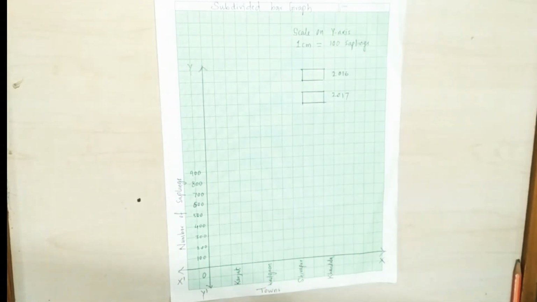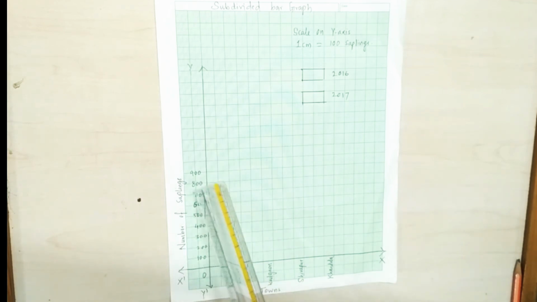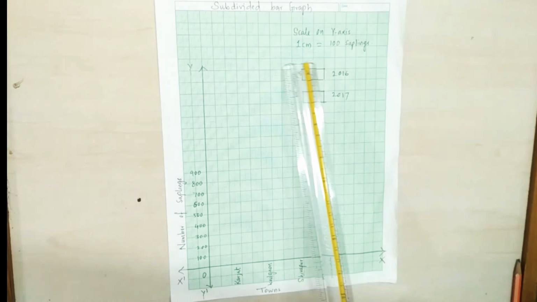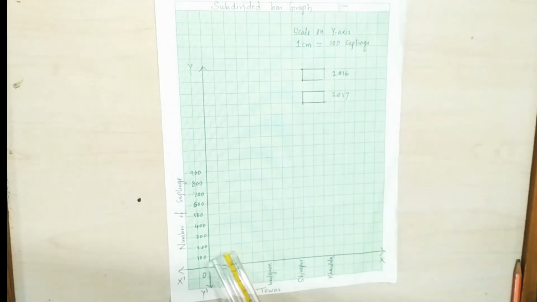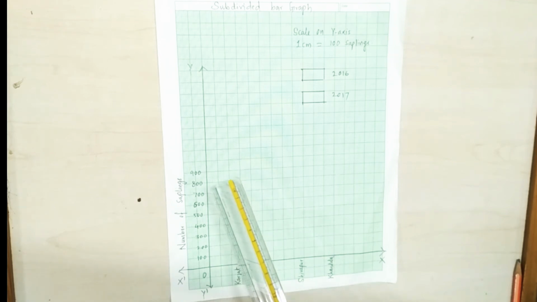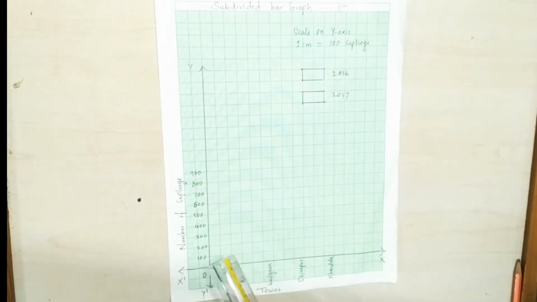On the horizontal x-axis, represent the towns Karjat, Vadgaon, Shivapur and Khandala. Draw a vertical line, name it the y-axis, and represent the number of saplings. For the scale on the y-axis, take 1 centimeter equal to 100 saplings, so 1 centimeter is 100, 200, 300, 400, 500, 600, 700 and so on.